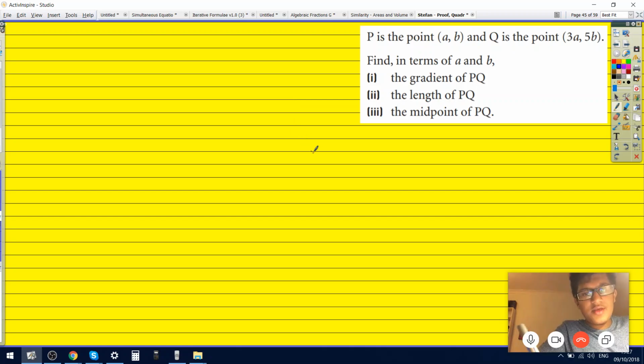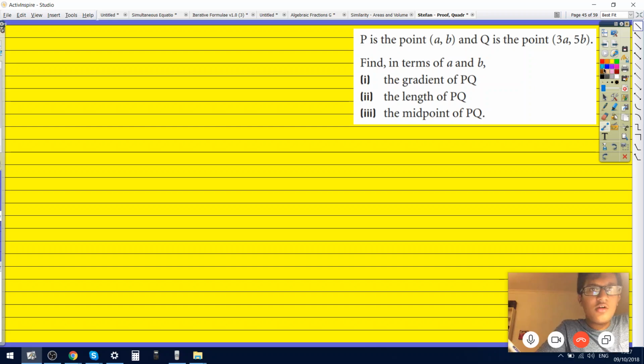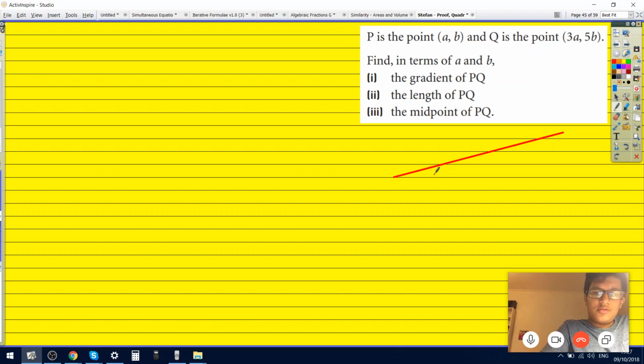P is across somewhere, and then Q is 3 lots of A values, and then 5 lots of the B. So yeah, it would be a kind of positive gradient like that. So Q is here. So A, B, 5B.